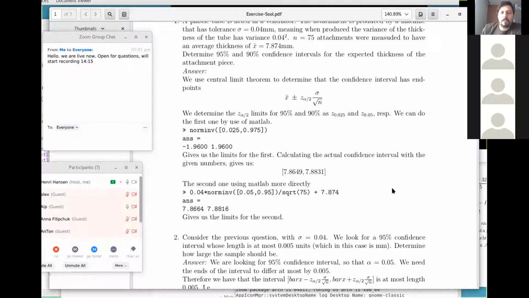We want a 95% confidence interval in such a way that the interval length is 0.005 units, in this case millimeters. So we want 95% certainty that the expected value is known up to 5 micrometers, I think. Yeah. How large a sample do we need?